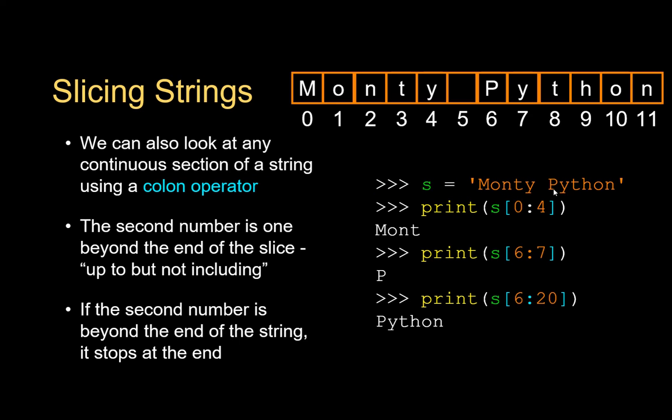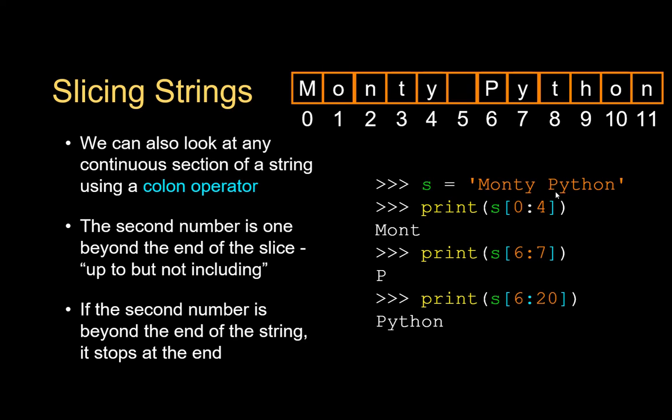Okay, so now we're going to talk about more operations that we can do with strings. So we're going to talk about slicing. So basically, slicing means that if we have a long string, we can take a piece of it and print it out or do other operations on that.